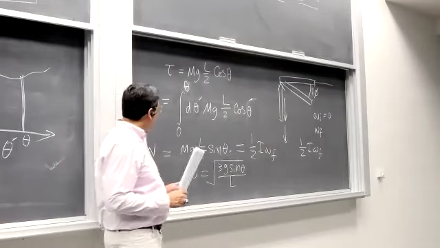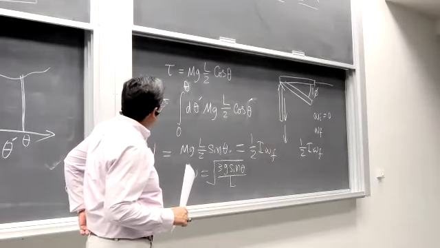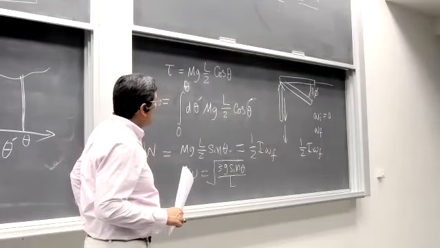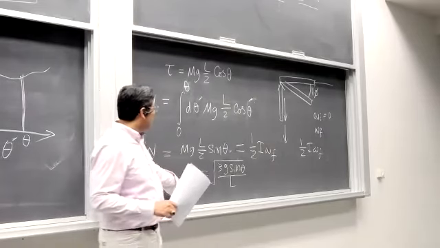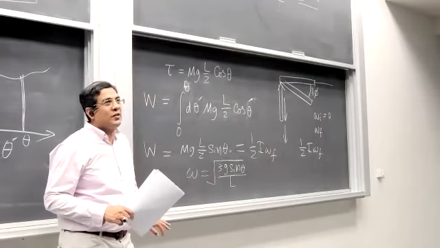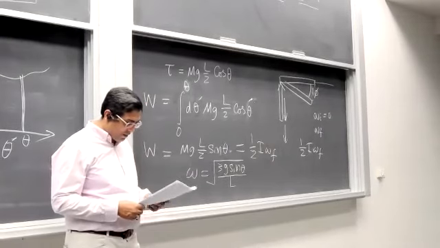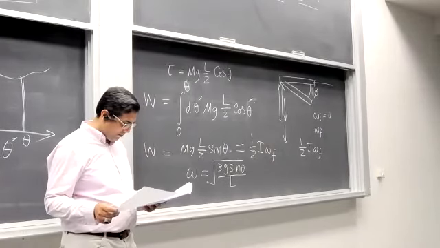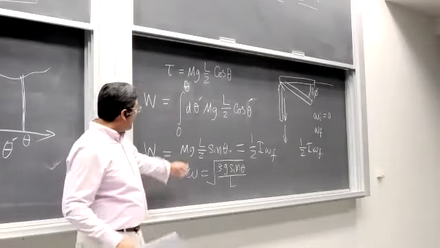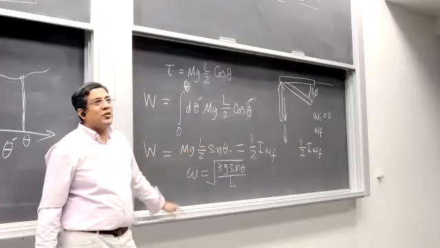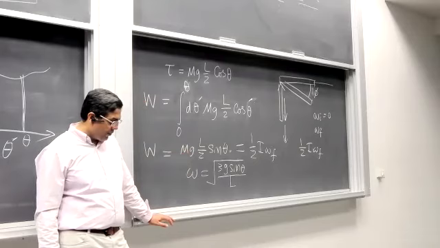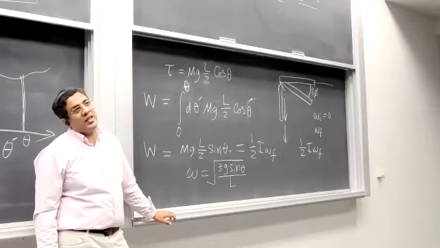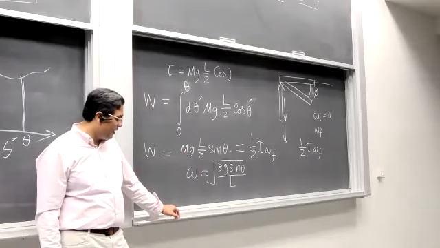And we did not use the common relationship between tau equal to I alpha to get here. So we used an equivalent of the work kinetic energy theorem in rotational dynamics. By looking at this, we had another statement about the work energy theorem, that the negative change in the potential energy is equal to work done by the force.